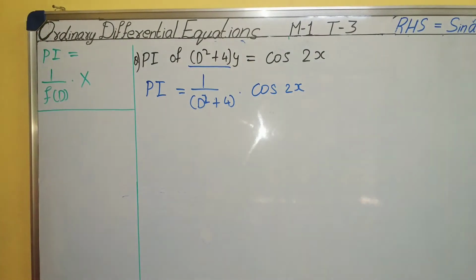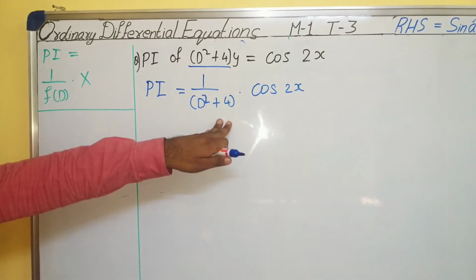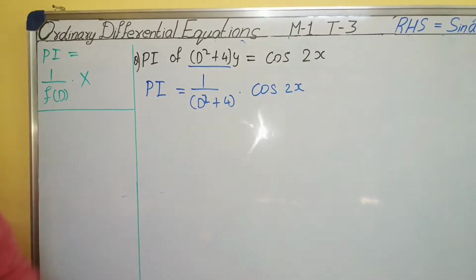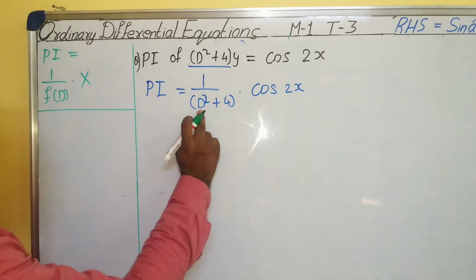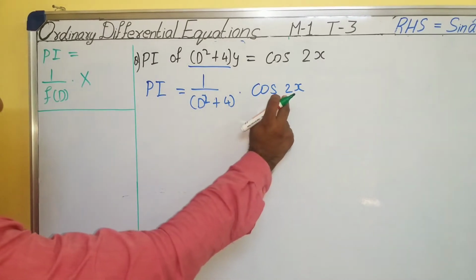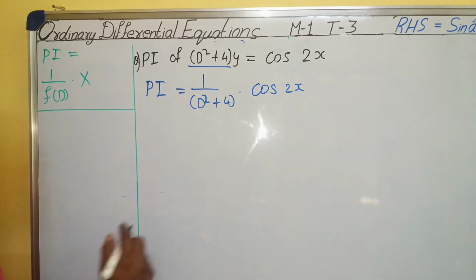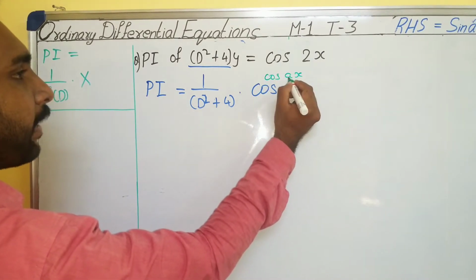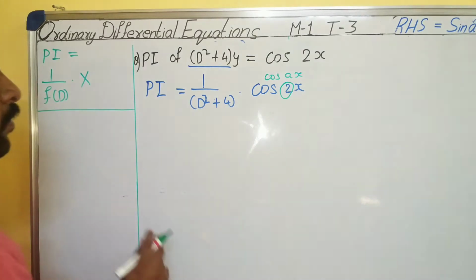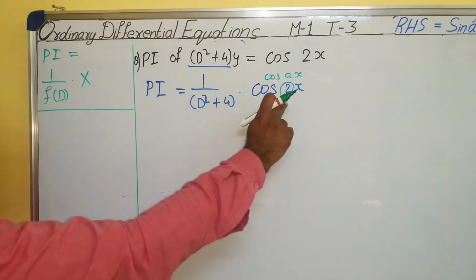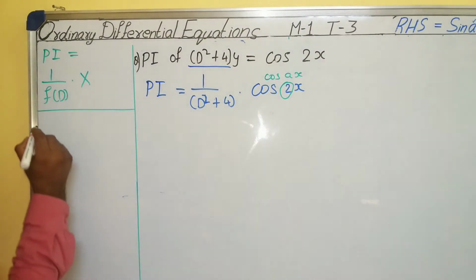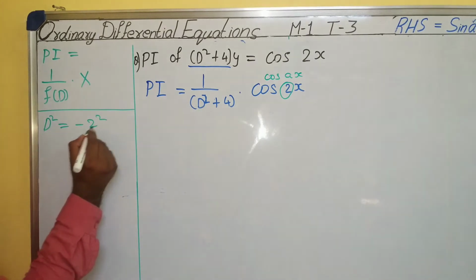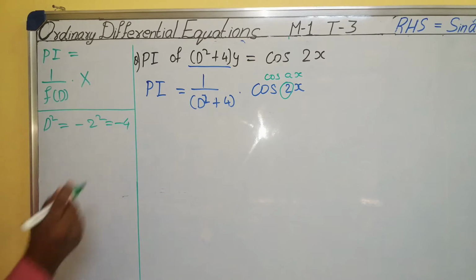When the question comes in this format, with RHS equal to cos ax or sin ax, we know we have to replace D square with minus a square. And what is the value of a here? The format is cos ax, so a equals 2. So we have to replace D square with minus 2 square, that is equal to minus 4.